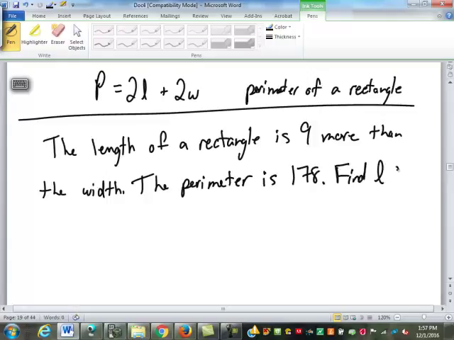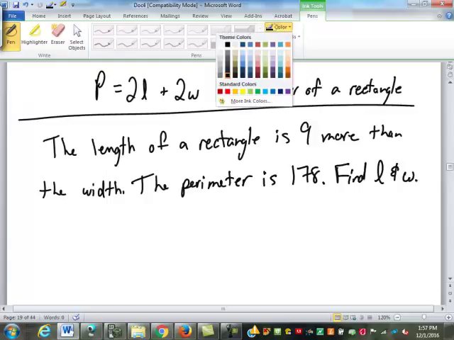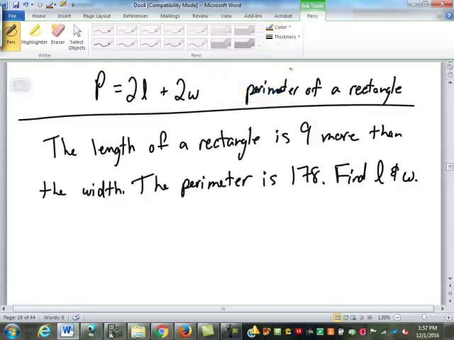Find the length and the width. Well, I like to draw pictures.